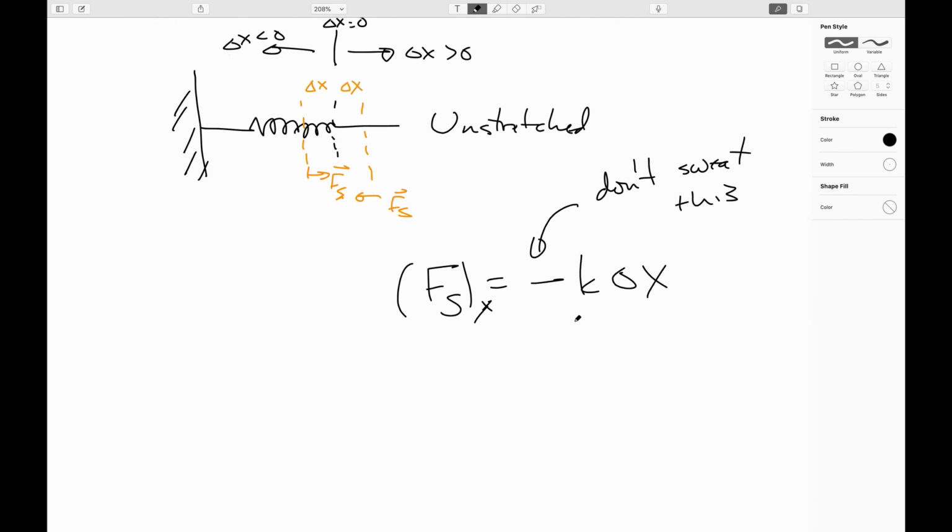So this k here gets called the spring constant. And it depends on the details of how the specific spring was manufactured. The units of it are newtons per meter. And springs can be all over the place. Delicate watch springs might have a spring constant of like 1,000th of a newton per meter in some extreme cases.